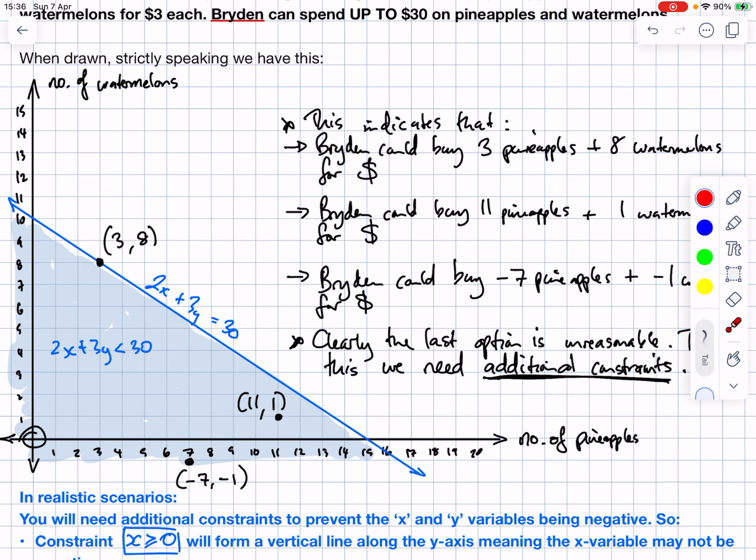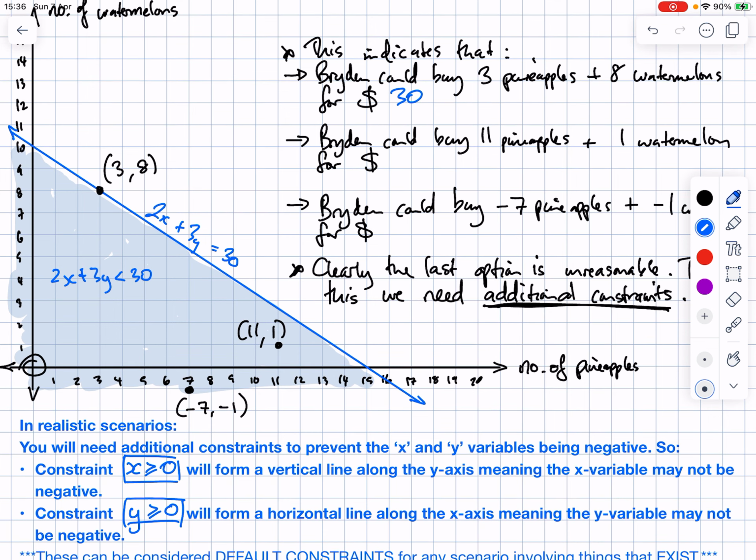This indicates that Bryden could buy 3 pineapples and 8 watermelons. That point is on the line. What would that be? 3 times 2 is 6, and 8 times 3 is 24. That would be $30. We could go with a point within the region.